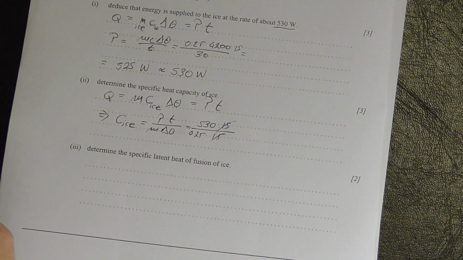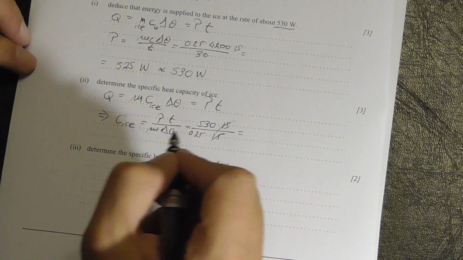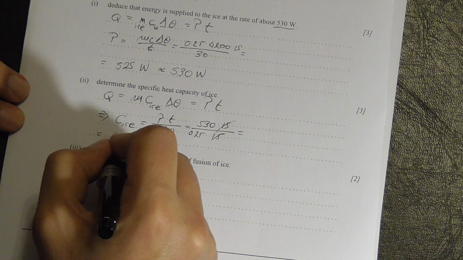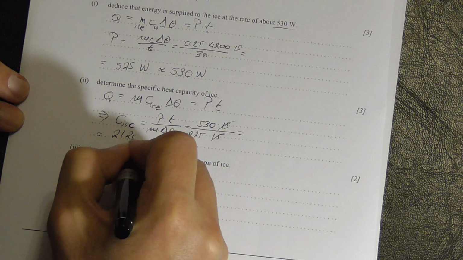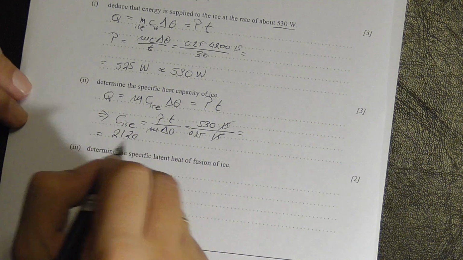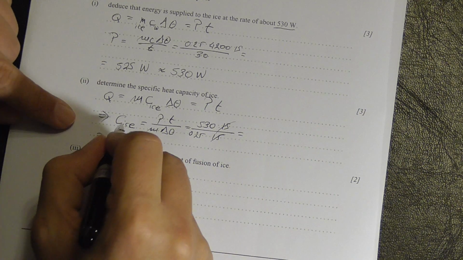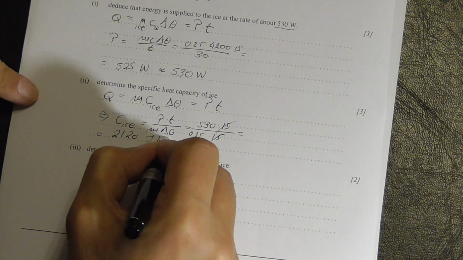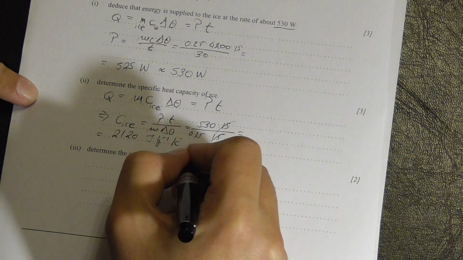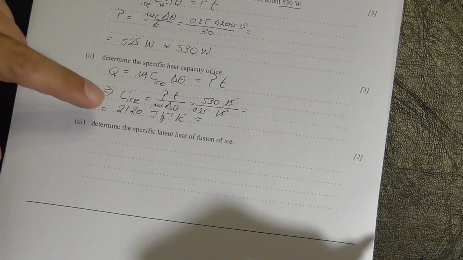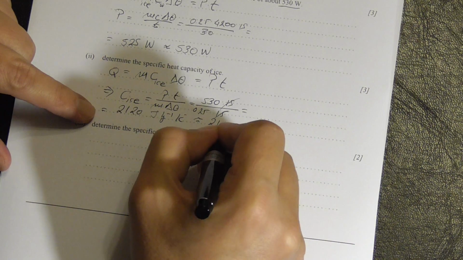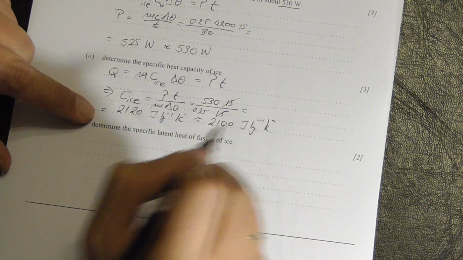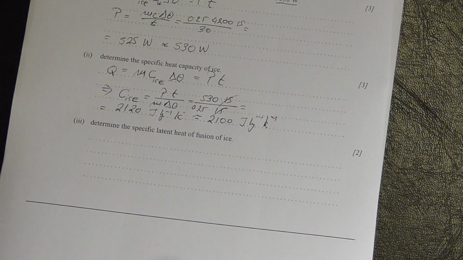You can cancel that. So again, you have to do this with a calculator to get 2120, units of specific heat capacity, joules per kilogram per Kelvin. And again, I need two significant figures, so 2100 joules per kilogram per Kelvin.